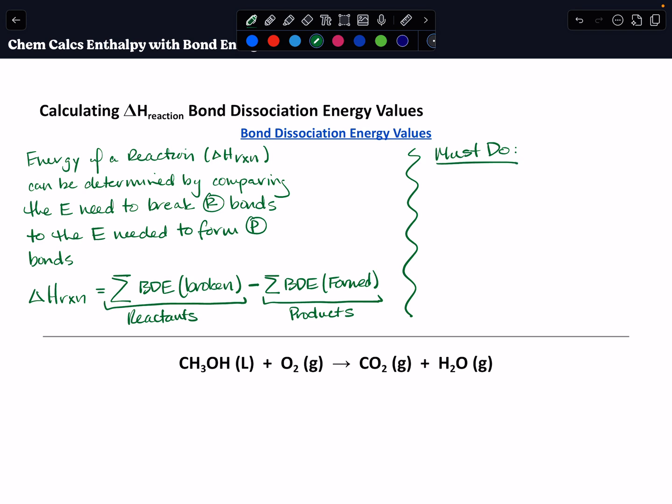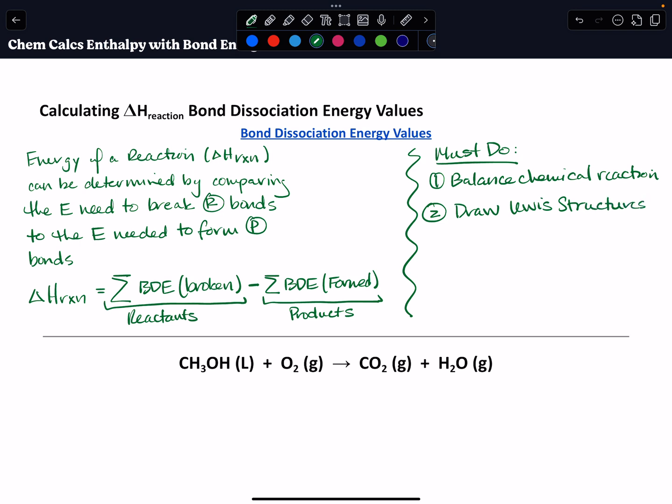To work these problems, there are a couple things you have to do before you even get to the numbers. The first thing, you got to balance. I know I say that for everything, but you really have to do it here. So you need to balance that chemical reaction. Second, you're going to have to draw Lewis structures of all compounds.